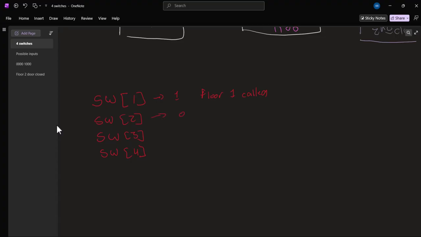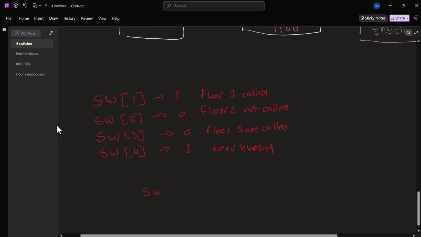If this is 0, it means floor 2 is not called. If this is 0, floor 3 is not called. And if this is 1, it means the door is blocked. So when I'm looking at the switches, if my switch equals 4'b1001, that corresponds to what we have here.